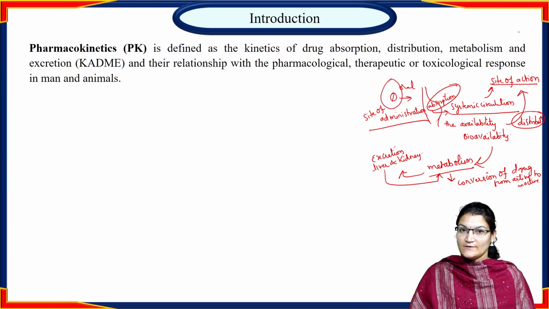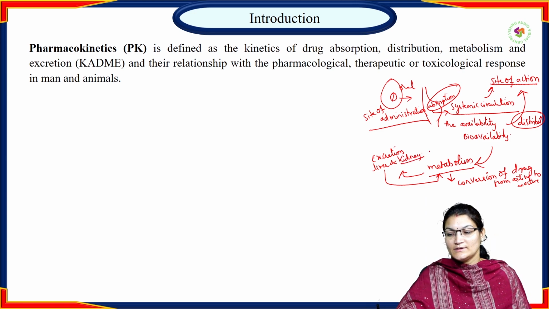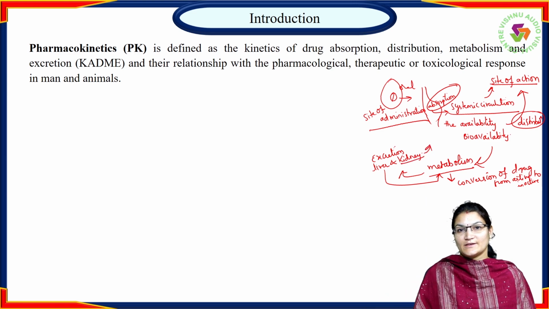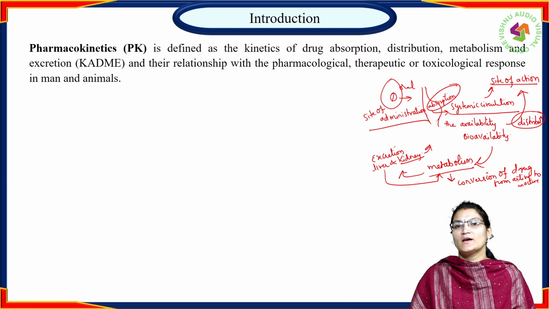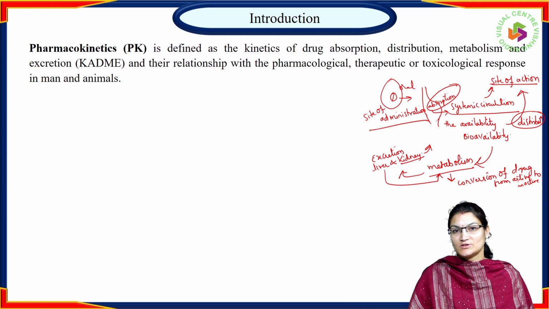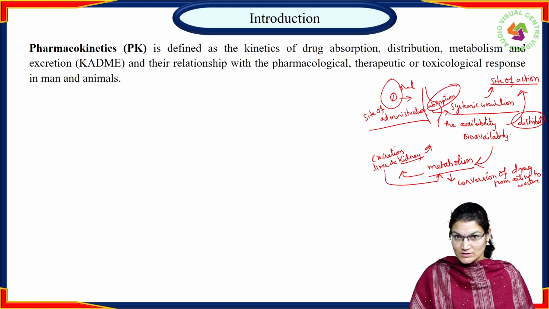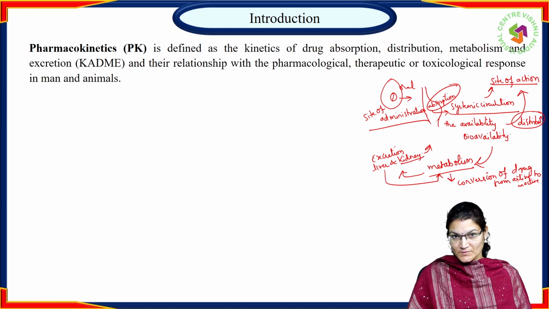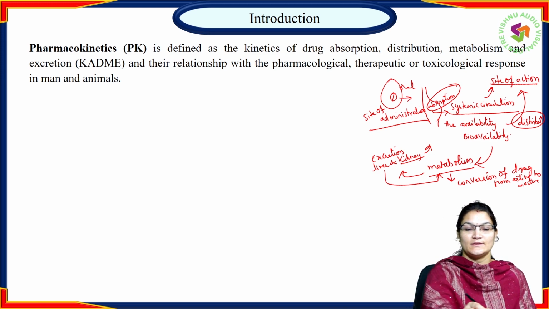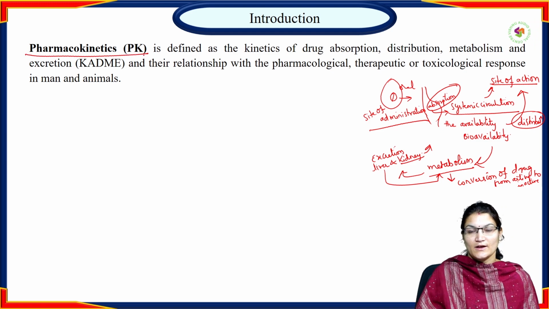Metabolism takes place in liver, and kidneys are helpful for the excretion of drug. So, these are basic absorption, distribution, metabolism and excretion, which is followed by the drug when they are administered into the body. So, the rate at which they are absorbed, distributed, metabolized and excreted from the body is nothing but pharmacokinetics.